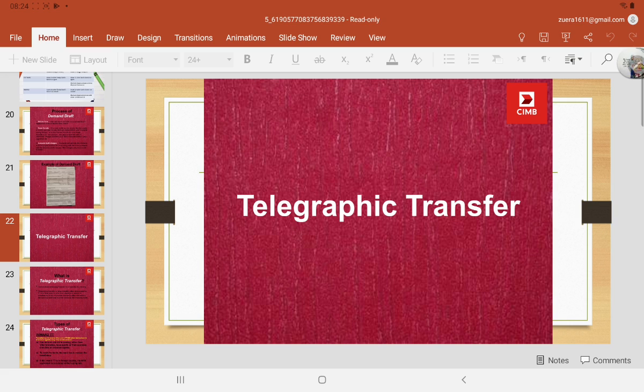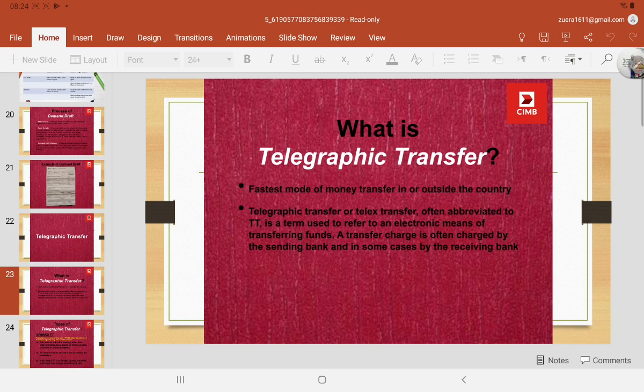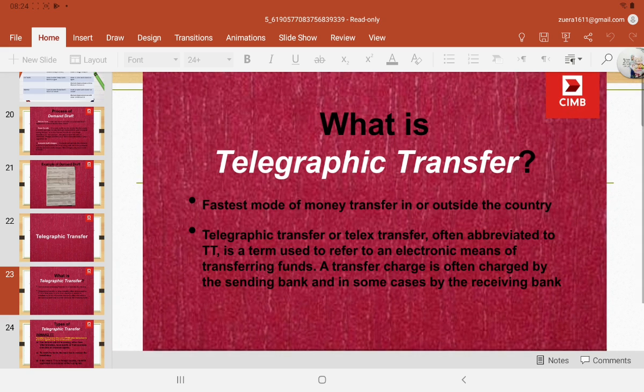What is the definition of the telegraphic transfer? It is the fastest mode of money transfer in or outside the country. If you want to transfer money locally or to a foreign country, you can use the telegraphic transfer because it is the fastest mode.